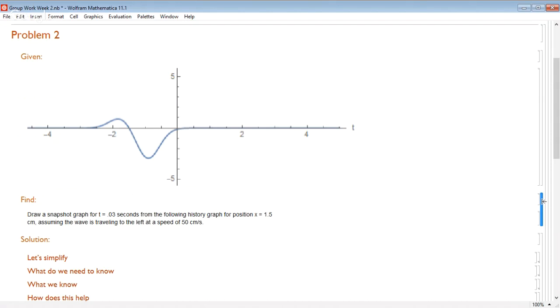Oh, actually, no, we have a history diagram. I'm so sorry, my friends. We have to draw a snapshot graph for a time equals 0.03 seconds from the following history graph for position x equals 1.5 centimeters, assuming the wave is traveling to the left at a speed of 50 centimeters per second.